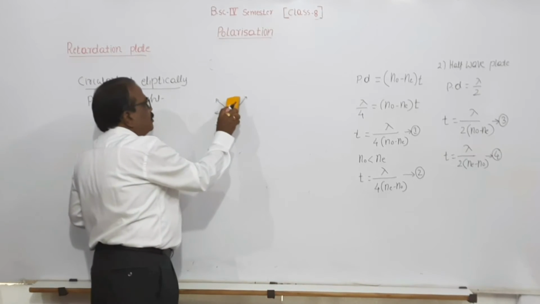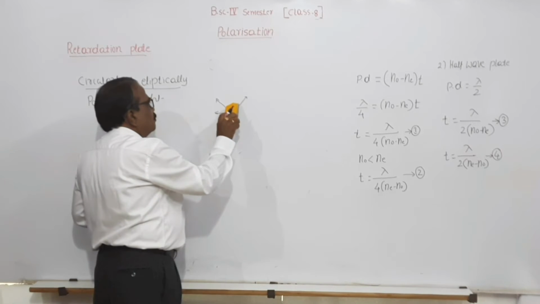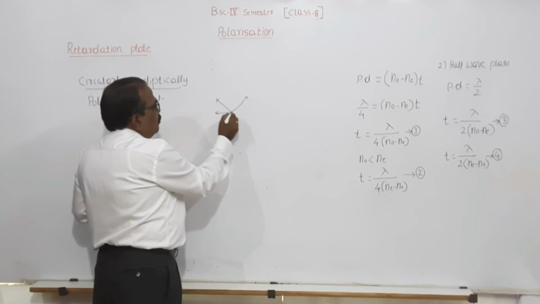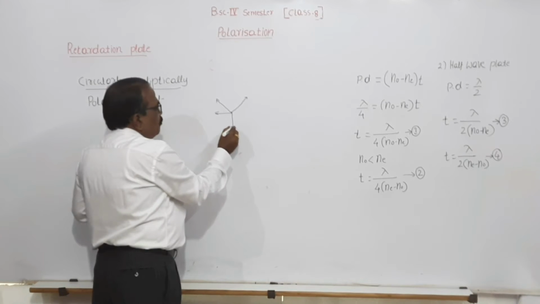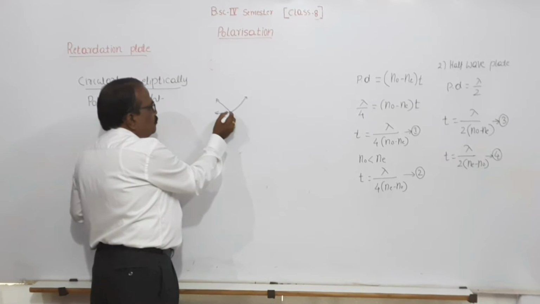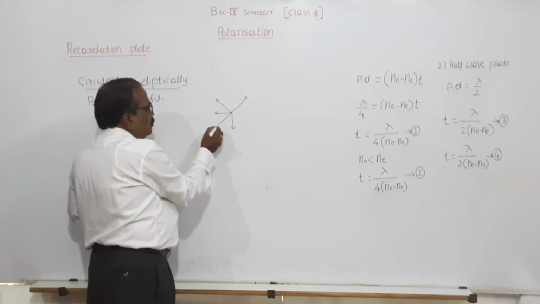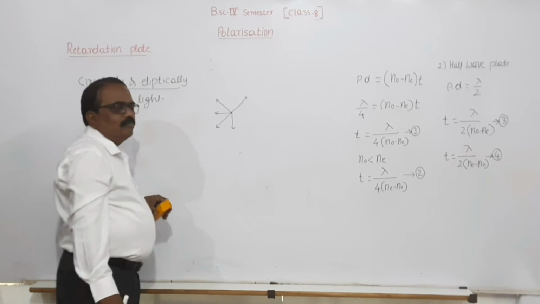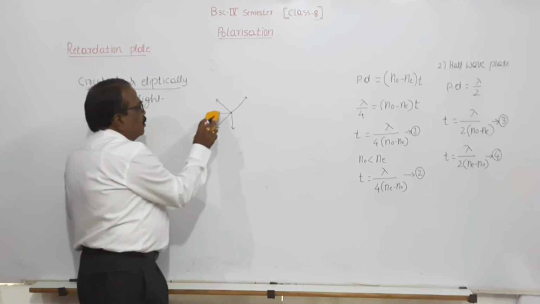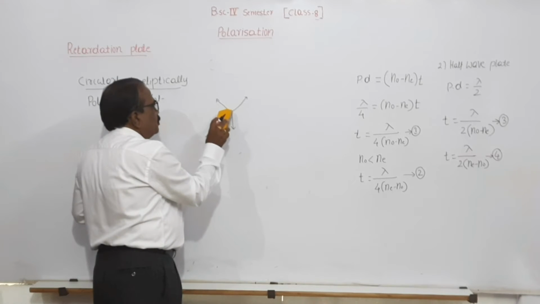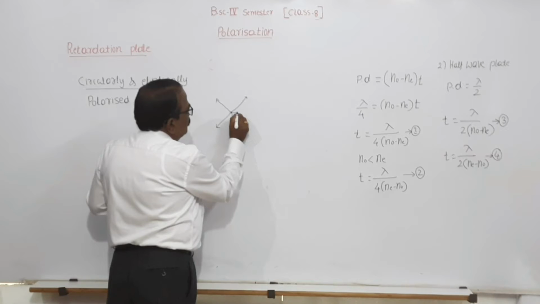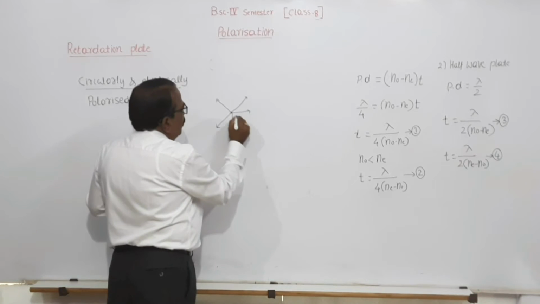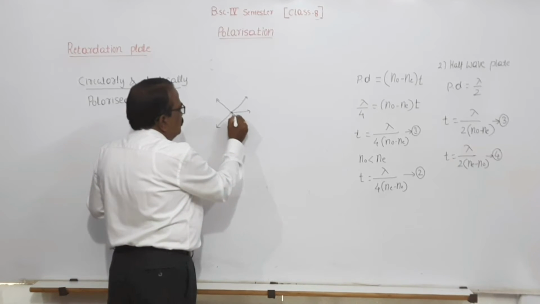Assume that this vector reverses the direction here, then the resultant of these two is in this direction. And assume again if this reverses the direction, it becomes this side, and the resultant of these two is in this.